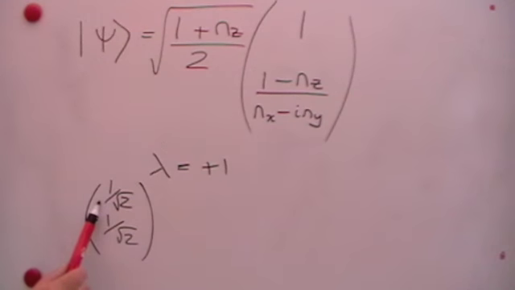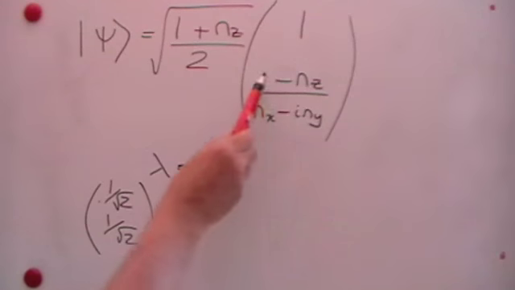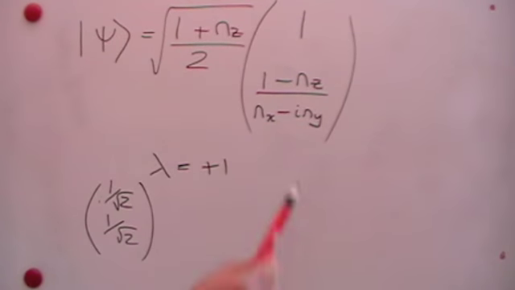Well that's okay, 1 over the square root of 2 times 1 is 1 over the square root of 2. And here you've got 1 minus 0 divided by 1 minus 0, so that's 1, times 1 over root 2. And that works as well.